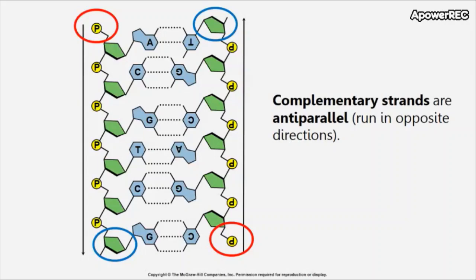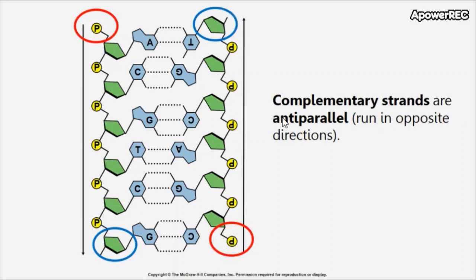So now let's revisit the structure of the double-stranded DNA molecule. And we see, if we take an individual nucleotide on the 5' carbon, we have our overhanging phosphate group. And on the 3' end, we should have that hydroxyl group hanging off at the end, because we don't have another phosphodiester bond from the next nucleotide to fill its place. And on the other strand, it has to run in the reverse direction. So the 5' end is actually at the bottom, and the 3' end of this DNA molecule is at the top.